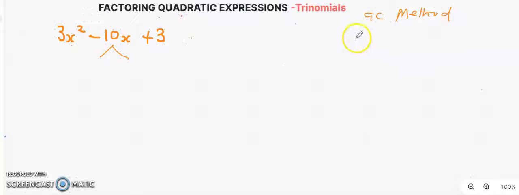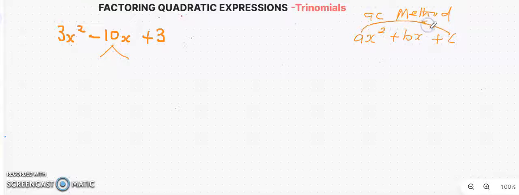Now, here is a standard quadratic expression, ax squared plus bx plus c. The AC method is where we multiply the coefficient of the first term by the last term. So let's apply that to the expression. We have 3 times 3, which is equal to 9, and is positive.